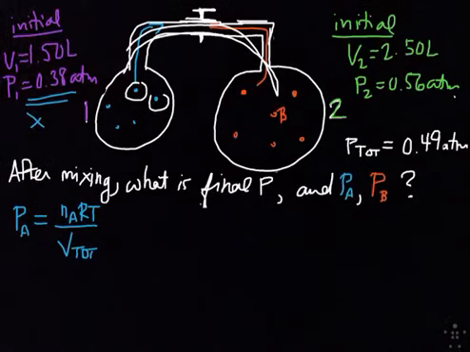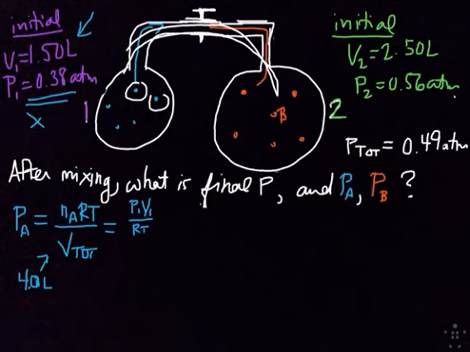I know the total volume, so that's my 4 liters. But I don't know T still, right? So again, I can plug in for NA what I do know, from the initial values. So I know that NA is going to be P1 V1 over RT. My RT is staying the same, so that's going to cancel out, over my V total.